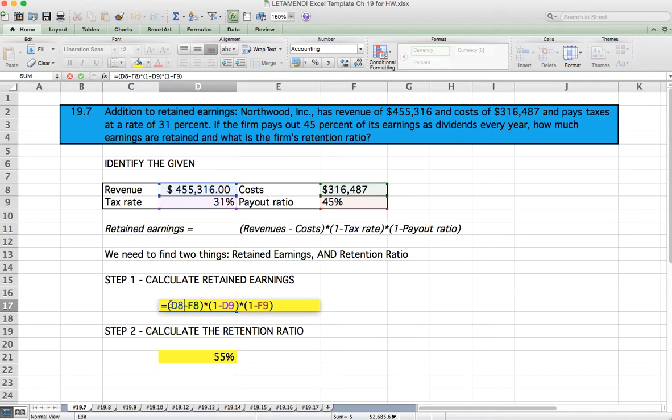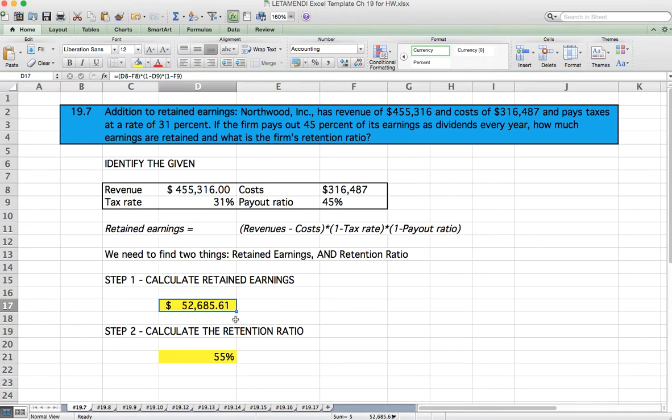So you want to do equals, open parentheses, D8, which in this case is the revenues, minus the cost, right? So we took care of this part here, close parentheses, times, open parentheses, 1 minus the tax rate, close parentheses, times, open parentheses, 1 minus the payout ratio, close parentheses. And when you do that, you get 52,685 and 61 cents.